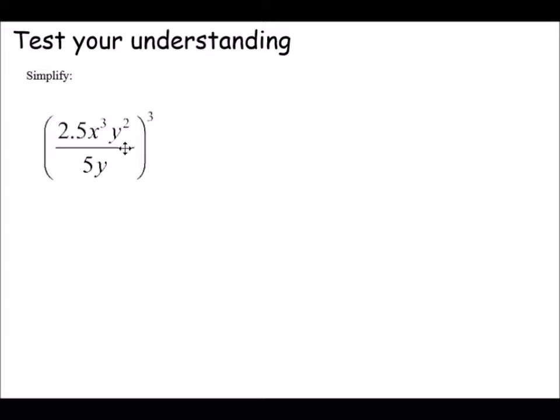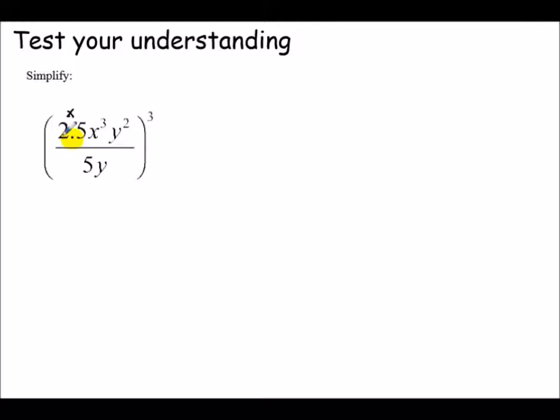The first thing I do, I always look inside the bracket to see if I can simplify anything. Remember, this here means multiply. So 2 dot doesn't mean 2,5 or 2.5, it means multiply.